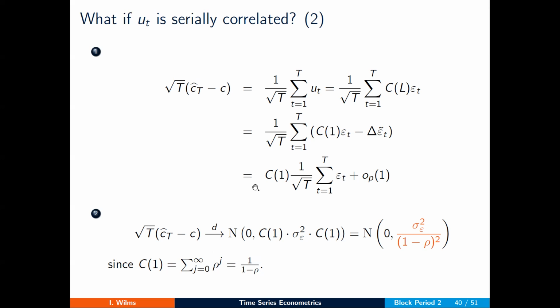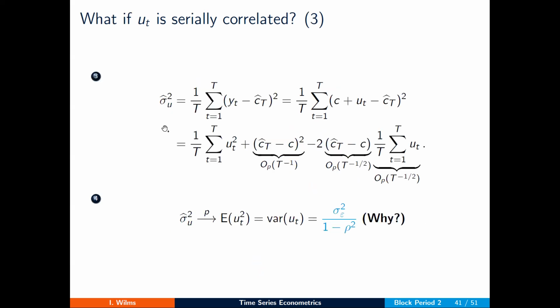Okay, so next, I then work out again the expression for the denominator, the sample variance of the residuals. Again, I just start from its definition. I plug in the DGP, where now, pay attention, y_t is equal to the constant plus the error u_t. I then expand this square.